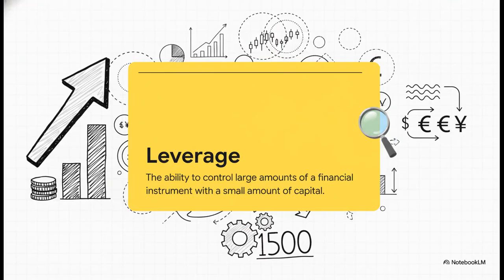To put it simply, leverage lets you control a large market position with a pretty small amount of your own capital. Brokers offer it in ratios like 100 to 1. What that means is, for every single dollar you put up, you can control $100 in the market. It's an incredibly powerful tool, but you gotta remember, it's a double-edged sword. It amplifies both your potential gains and your potential losses.